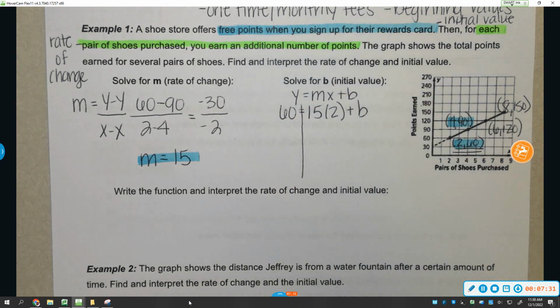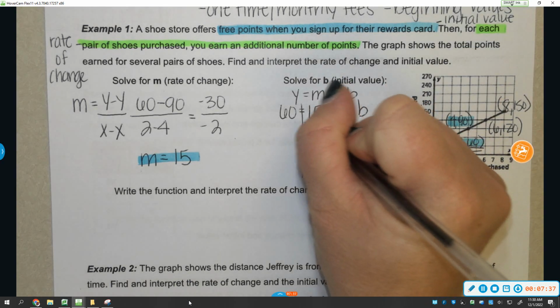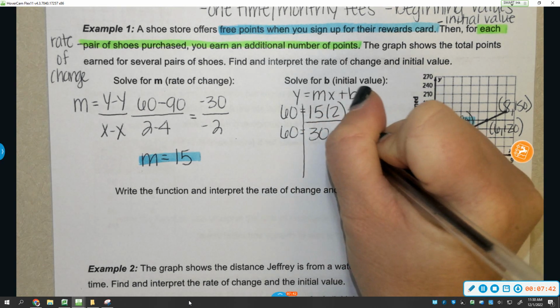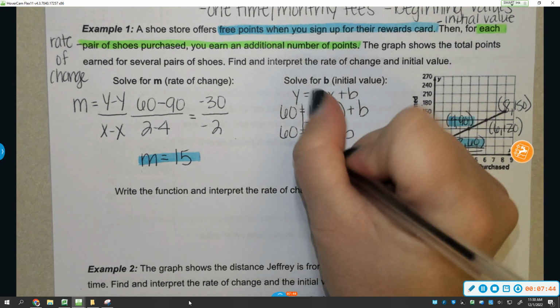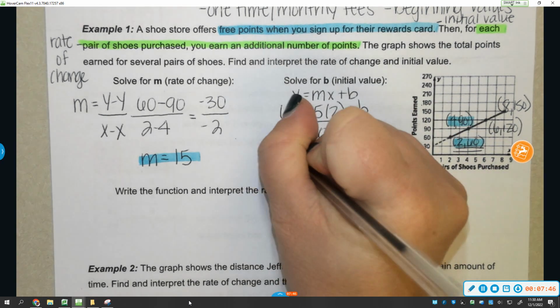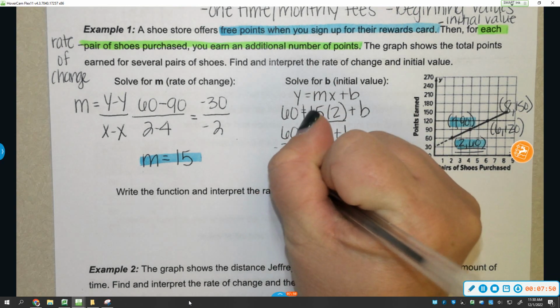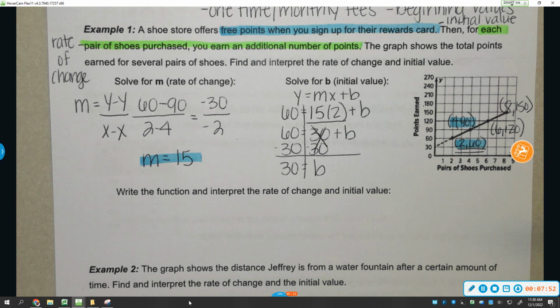Again, this is the repetitious part that we've been doing since chapter 3 that you really should have down by now. So 15 times 2 is how we simplify first, is 30 plus b. To get b by itself, I'm going to subtract 30 from both sides, leaving me with 30 equals b.